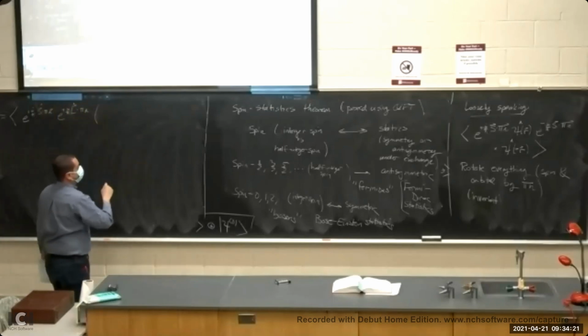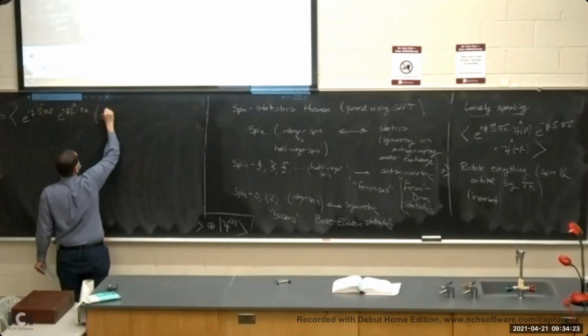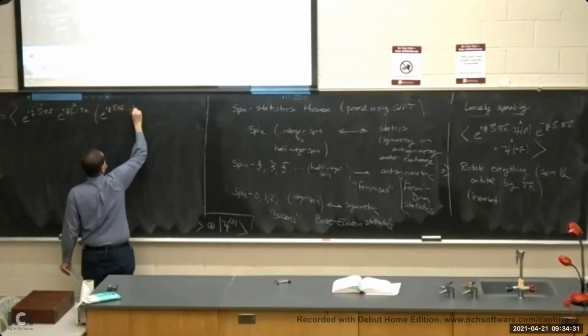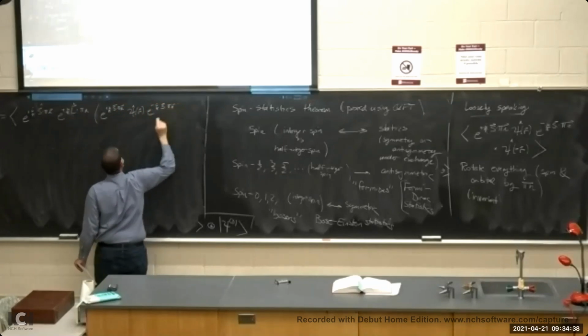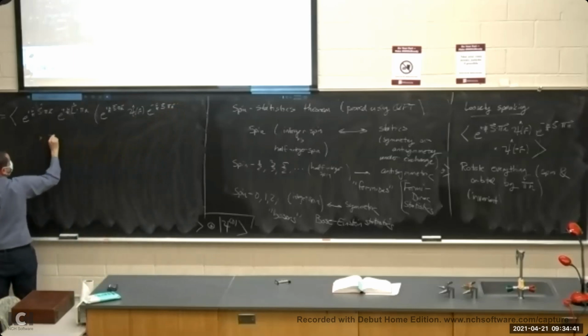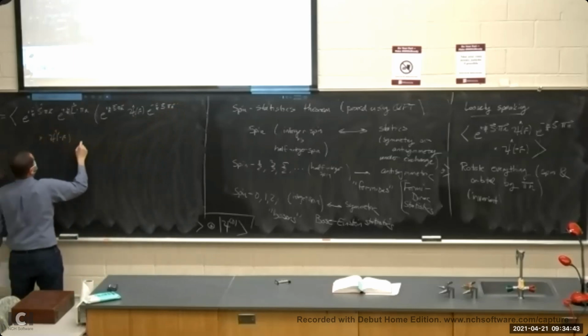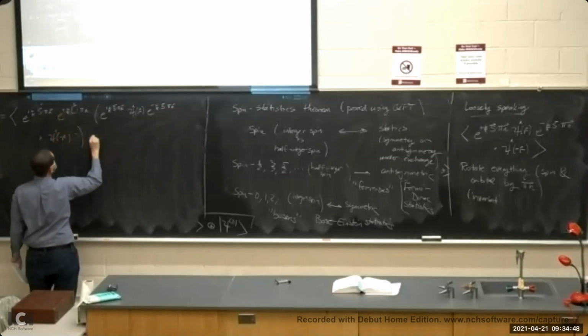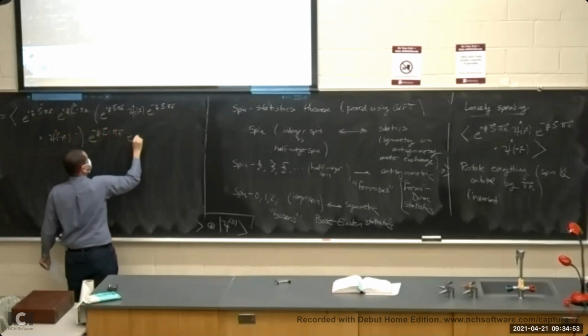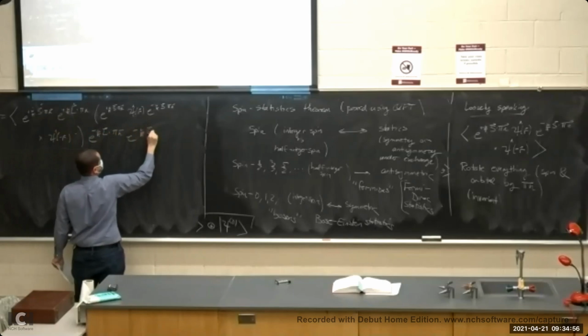And then this is hitting the thing that I started off with. e to the plus i over h bar S dot pi n, psi of r, e to the minus i over h bar S dot pi n, psi of negative r. And then on the right-hand side, I'm multiplying by the adjoint of this. So I get e to the minus i over h bar L dot pi n, e to the minus i over h bar S dot pi n.